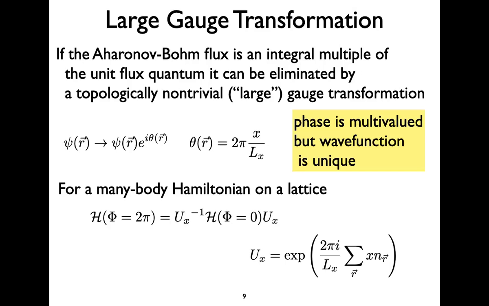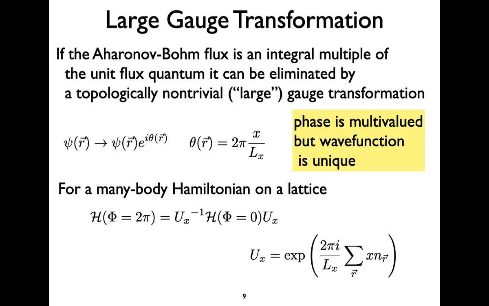But this gauge transformation is topologically non-trivial in the sense that, as you know, the gauge transformation is generally a phase change of the wave function depending on the location. In our particular case, this phase factor should increase as you go to larger x coordinate. If you go around the system once, x increases from 0 to Lx. So in this process, this phase factor should increase from 0 to 2 pi.